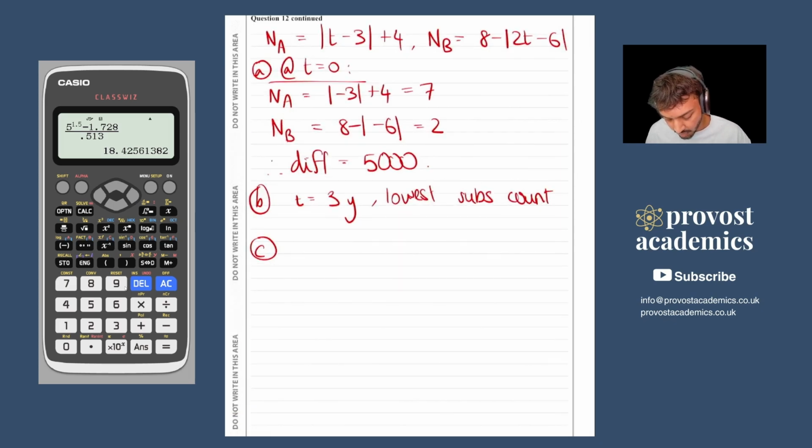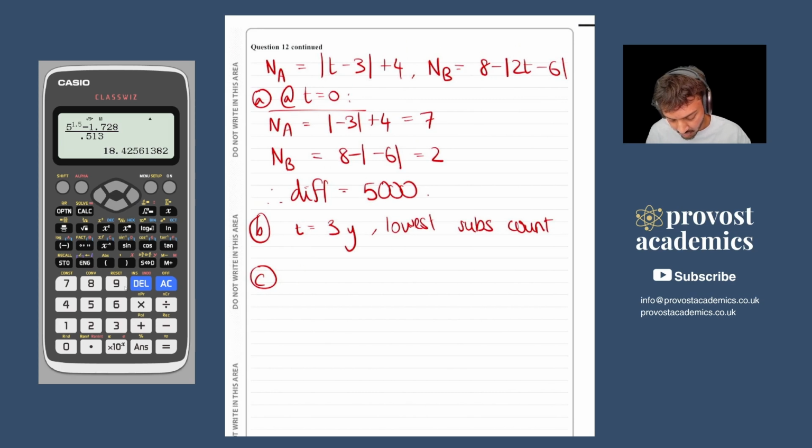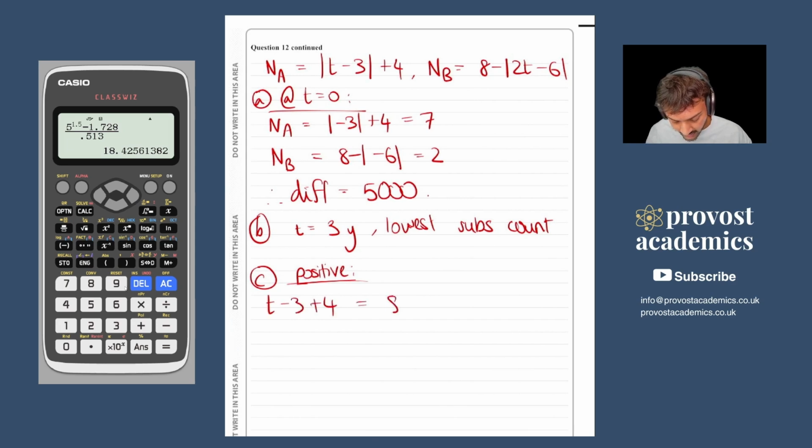When both of them are positive, so the positive case, we have t minus 3 plus 4 equals 8 minus 2t plus 6. So let's solve these. I'll get minus 3 plus 4 to give me 1 here, plus 1.